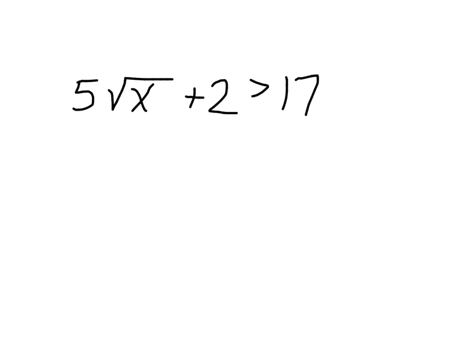Then on to 24. 5 times the square root of x plus 2 is greater than 17. Quick question for you. What's the difference between this problem and the last 3 we just did? It's an inequality. How do you solve inequalities differently than equations?